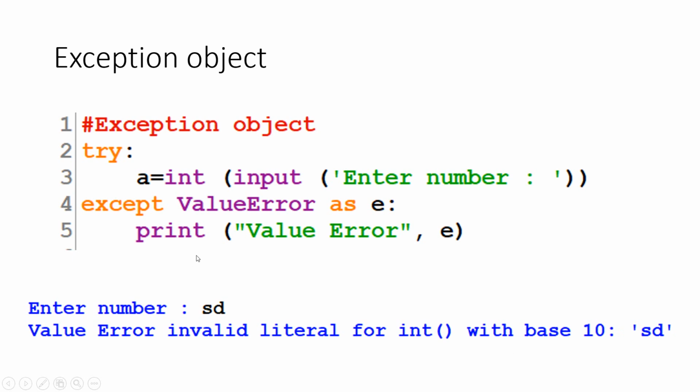It says that what is expected here is an integer, but what is passed here is something like characters called SD, which is not valid, since it is supposed to be an integer. If you enter an integer value, then there will not be any exceptions. So like this, using the object, we can handle the exceptions.